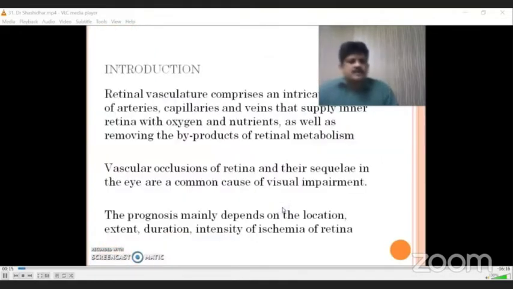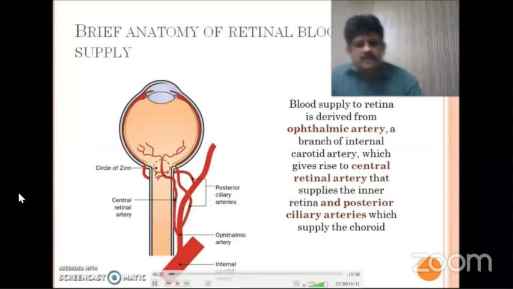The retinal vasculature comprises an intricate network of arteries, capillaries, and veins that supply the inner retina. Vascular occlusions of the retina and their sequelae are a common cause of visual impairment. The prognosis mainly depends on the location, extent, duration, and intensity of ischemia in the retina.